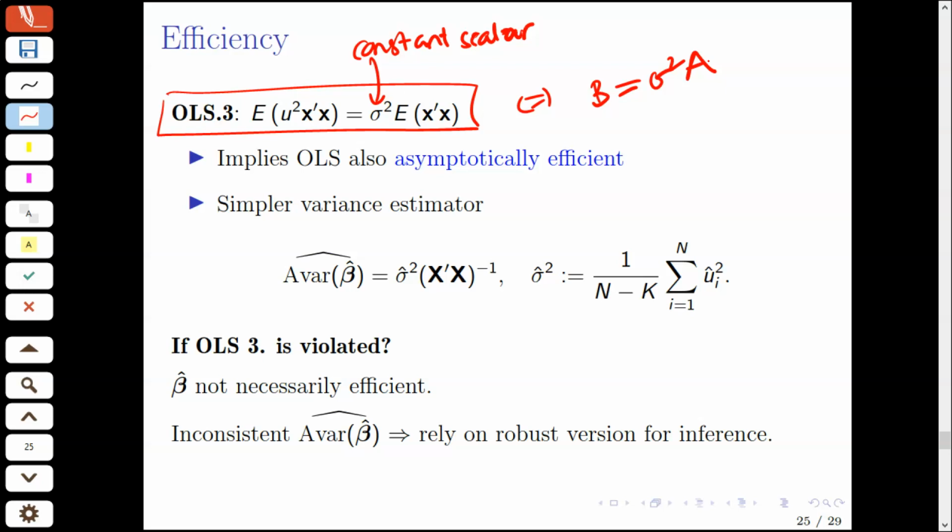Now, under this additional assumption, OLS3, one may show that the OLS estimator is efficient. Efficient in what sense, you may ask? Well, it is efficient in an asymptotic sense. That is, it obtains the smallest variance asymptotically among the possible estimators.